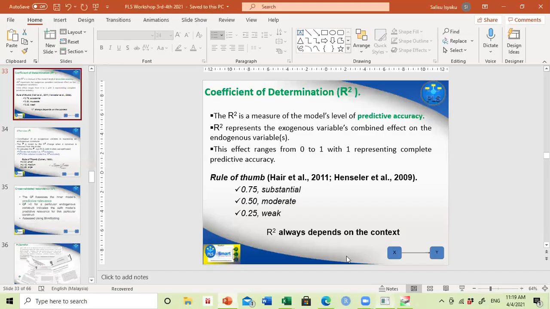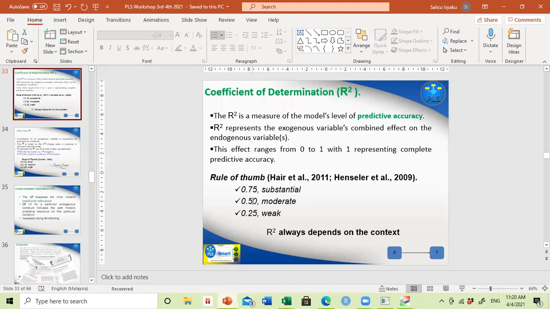0.75 and above, we consider it as substantial. 0.5 and above is moderate.